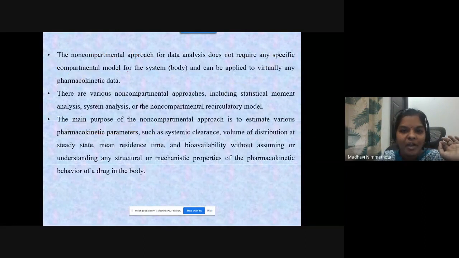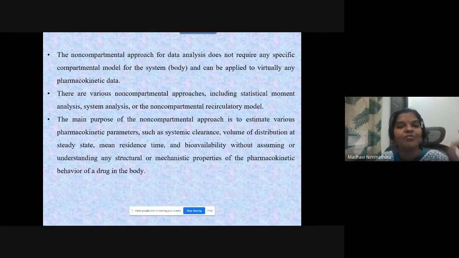The non-compartmental approach for data analysis does not require any specific compartment model and can be applied to virtually any pharmacokinetic data. There are various non-compartmental approaches including statistical moment analysis and system analysis or the non-compartmental recirculatory model.